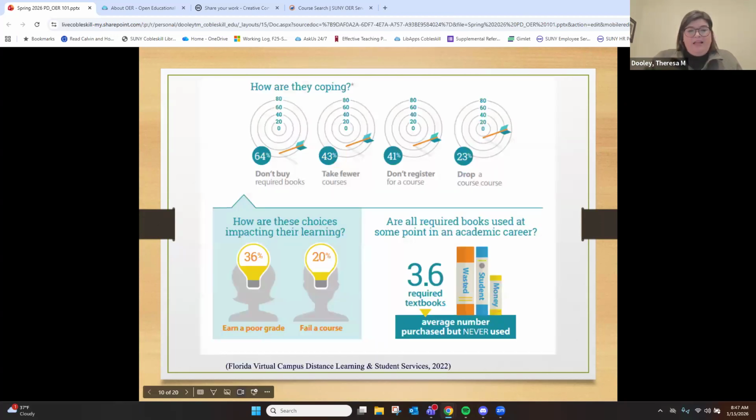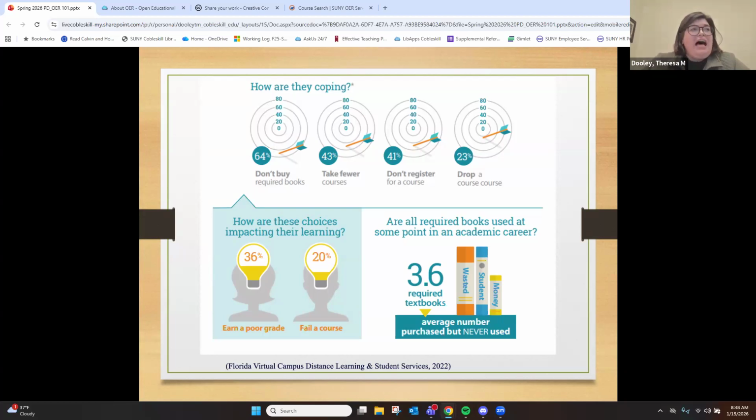Okay. So why does this matter, right? Why is it important for students to have free access to their course materials? This is a survey from 2022 from the Florida Virtual Campus Distance Learning and Student Services. They asked students, what happens if you can't afford textbooks?